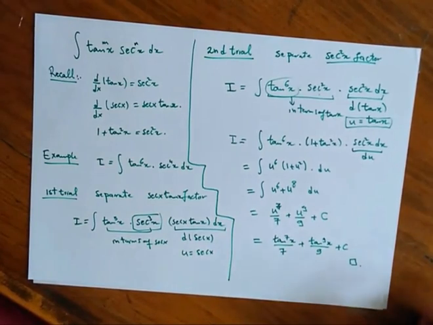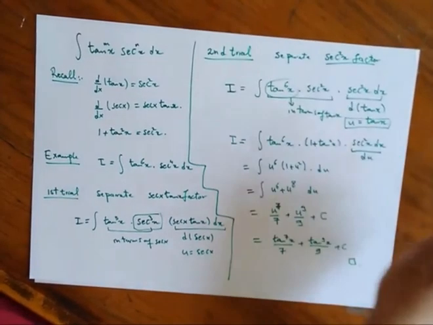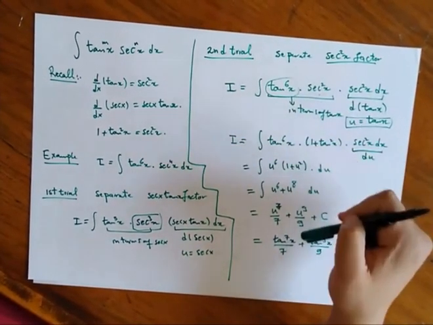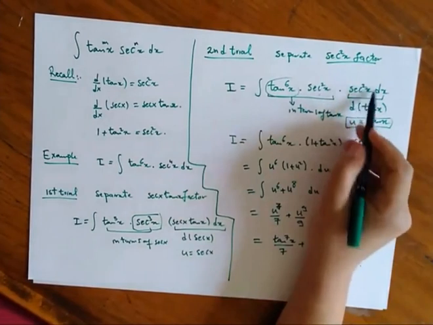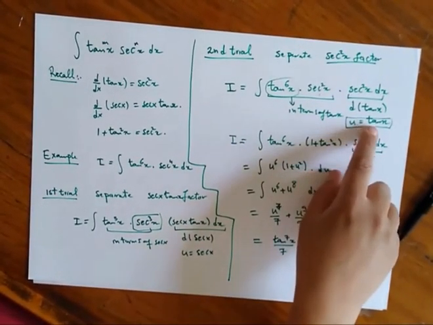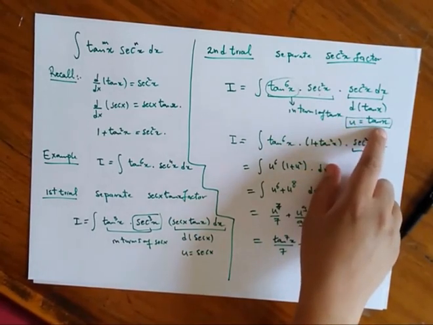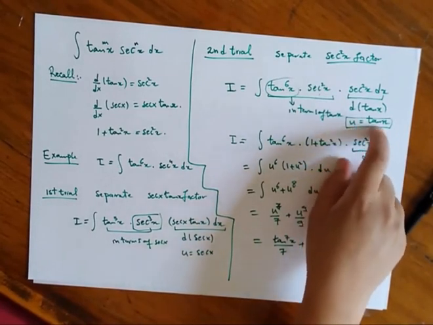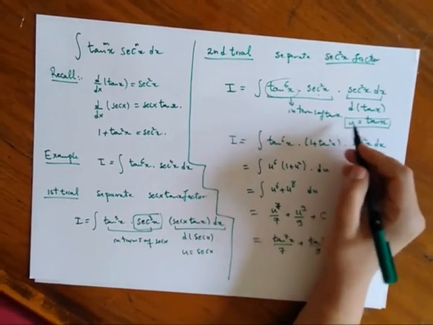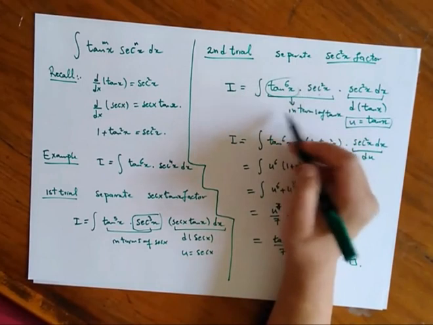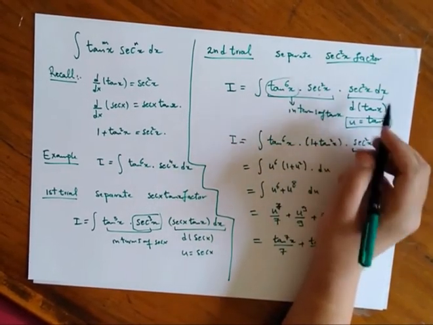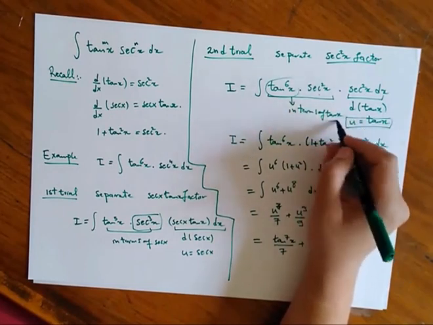Again, let's see why this works. Why, when we separate the secant square factor, could we proceed? When you separate this secant square factor, you're going to use the substitution u equals tan x. So you have to rewrite everything in the rest of the integrand, this remaining part, in terms of tan x.